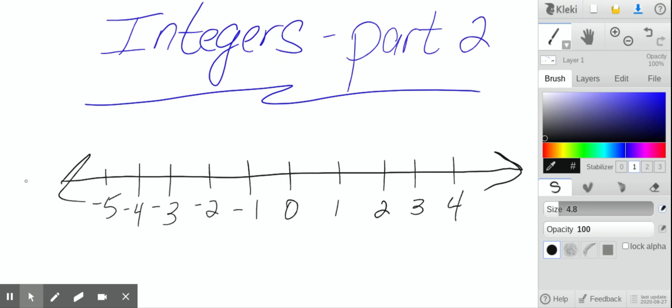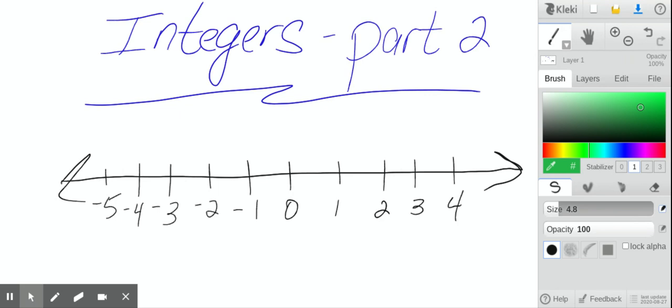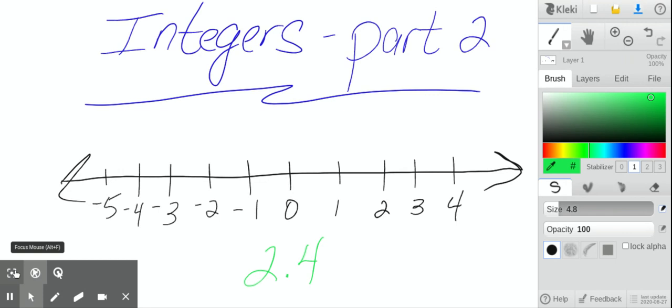So let's just say I have the number 2.4. Let me change the color to make it a little easier. Okay, so if I had the number 2.4, where on my number line would that 2.4 land?